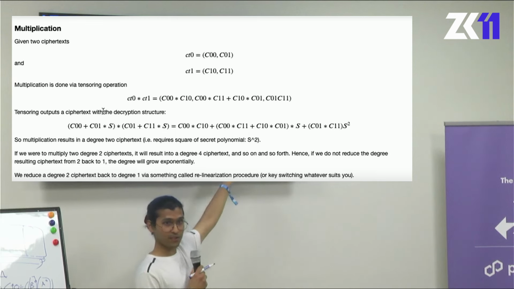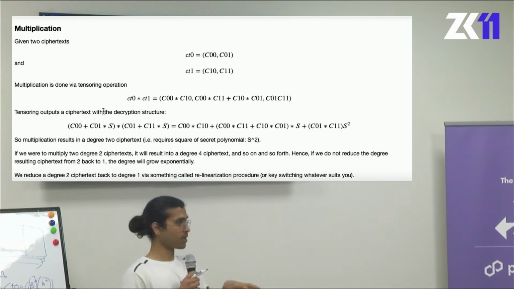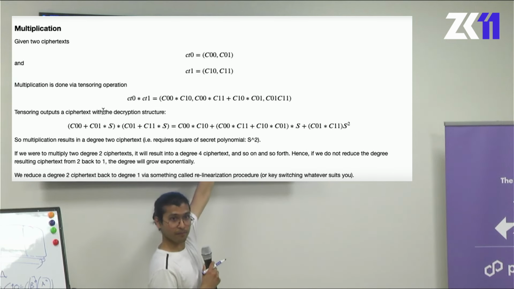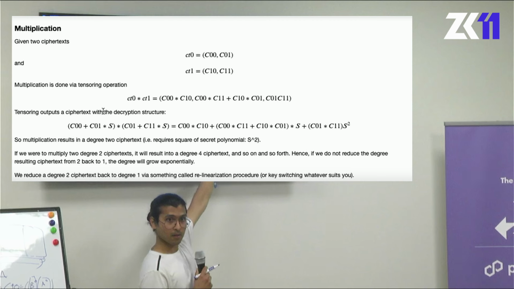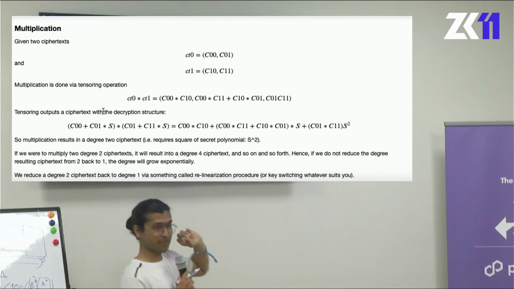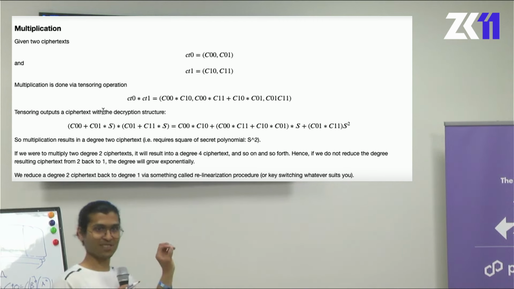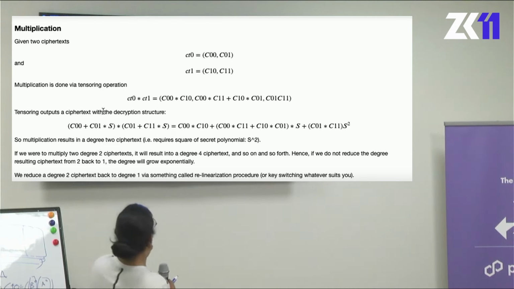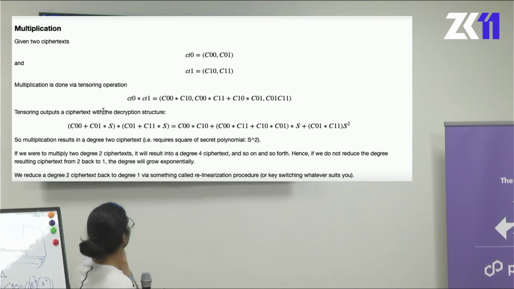So if you have access to the secret, you can decrypt this particular ciphertext by itself. Is that making sense, or am I going too fast? Cool. Let me try to explain it in a better way.